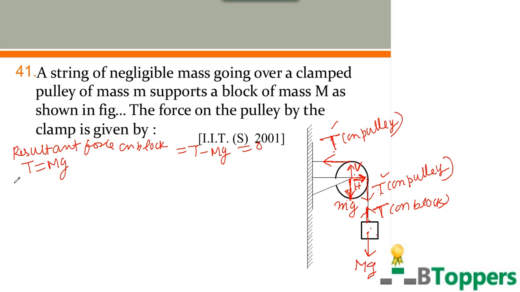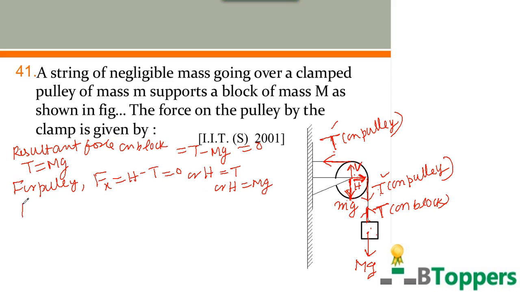So for the pulley here, the horizontal component of the resultant force can be written as H minus T, that must be 0, or the horizontal component of the force on the pulley by the clamp has magnitude T, equal to Mg.